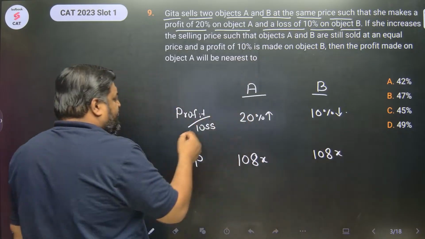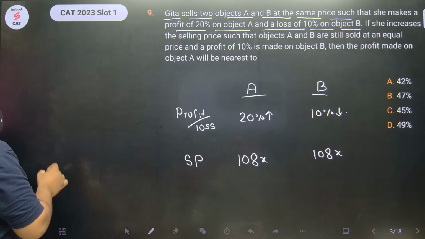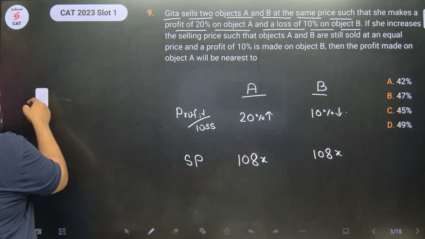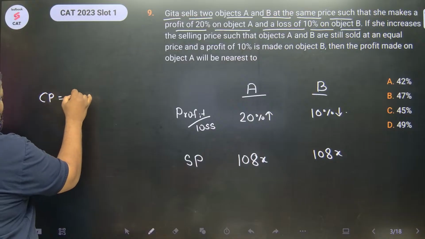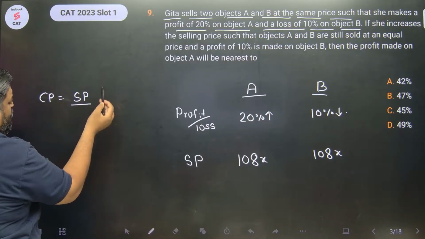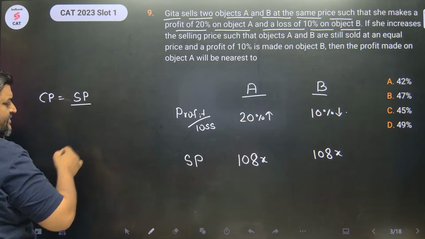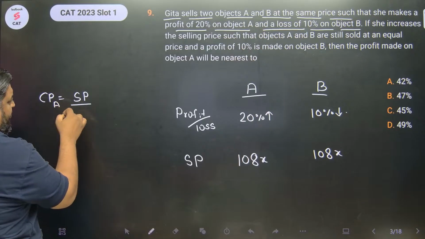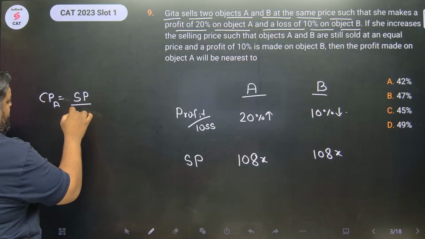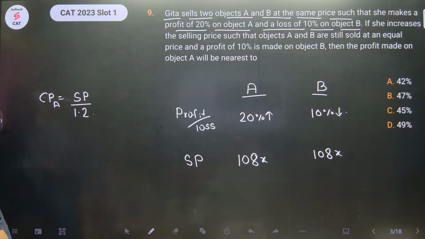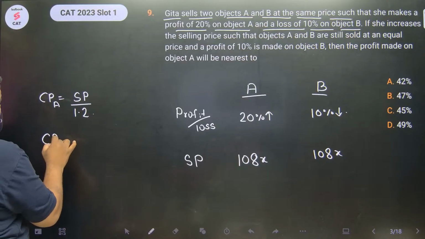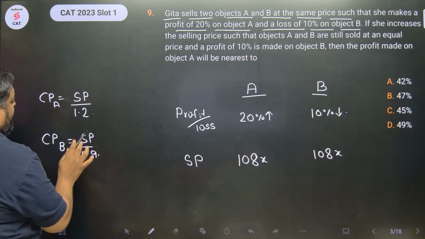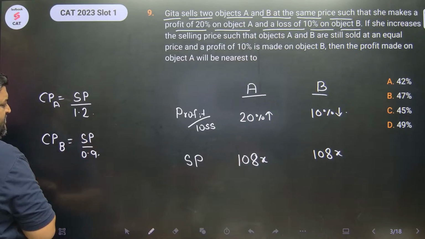Now the selling price of both of the objects is the same. You can assume any selling price to start with. Anything works, but a better assumption would be what? 108x. Sir, where did this 108x come from? See, in the first case, cost price is nothing but selling price upon the profit or loss factor. So the cost price of object A would be selling price upon 1.2, and the cost price of object B would be selling price upon 0.9, considering 20% profit and 10% loss.